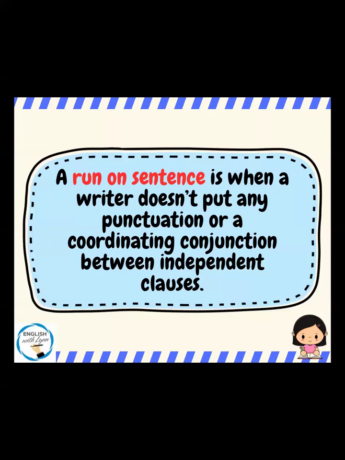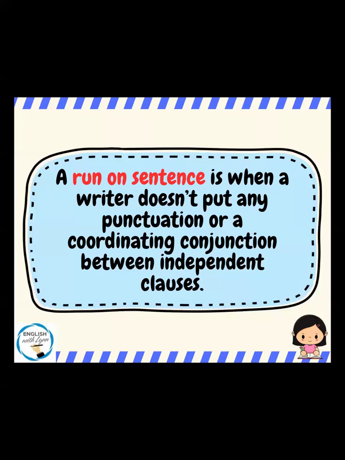And we will speak more about the subordinate part of it later on. But usually, when you have two main clauses, you would link them with a coordinating conjunction so that they form a compound sentence. And that would be the grammatically correct way of having your two main clauses together.